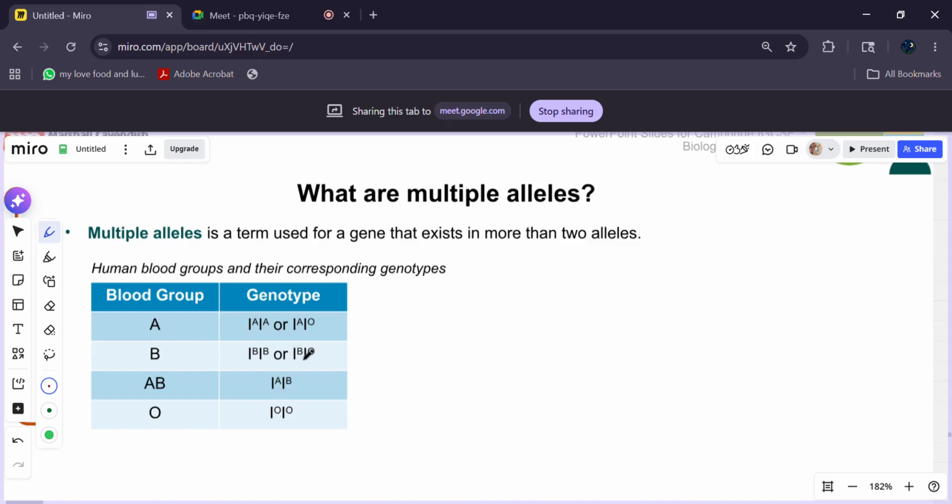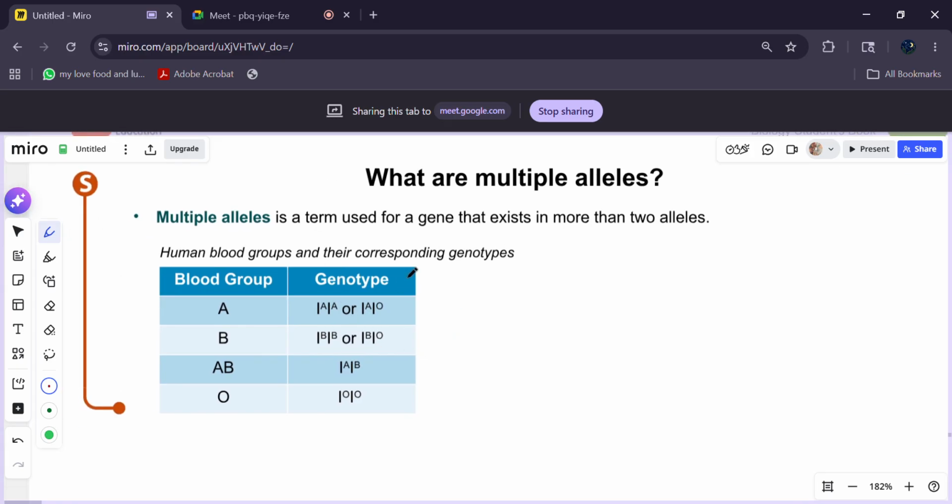Here it is for blood groups. The occurrence of blood groups in humans is an example of multiple alleles. There are 4 blood groups in the human population, namely A, B, AB, and O blood groups. The alleles for A group, B group, and O group are designated with an I and an A, B, or O at the top of it, respectively.